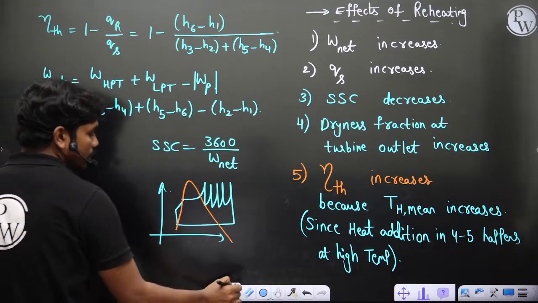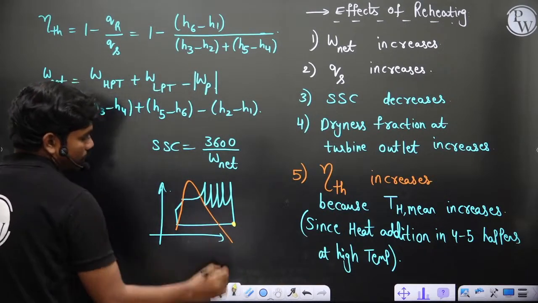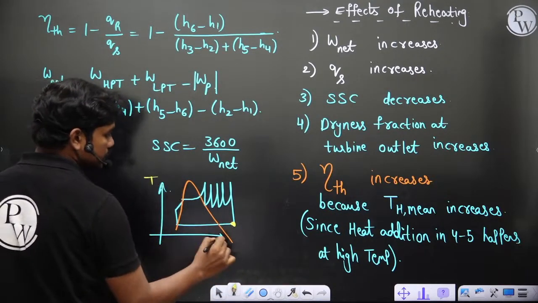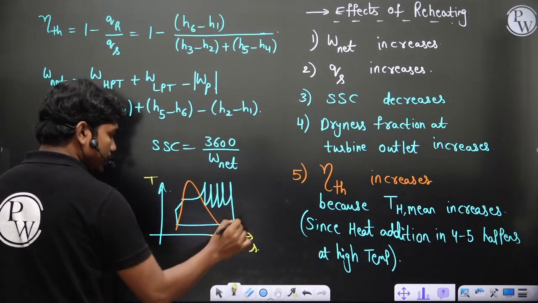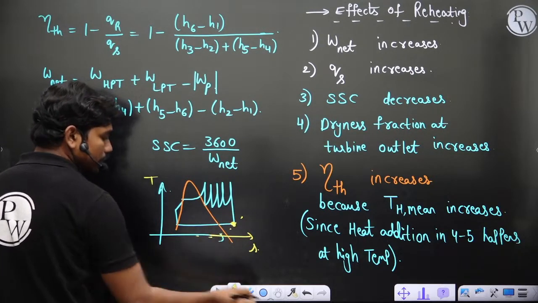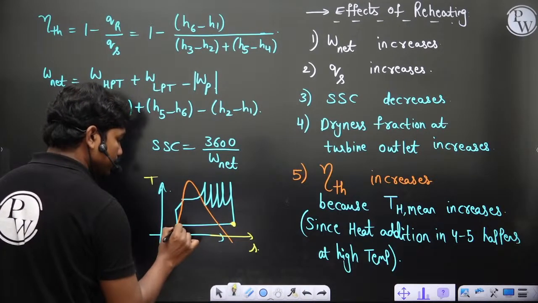Okay, now if the dome is something like this, this temperature or this point, if you say this is TH, corresponding to this point, what happens? The pressure decrease, means you can see, I can just show you like this.